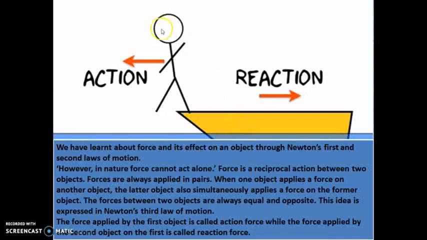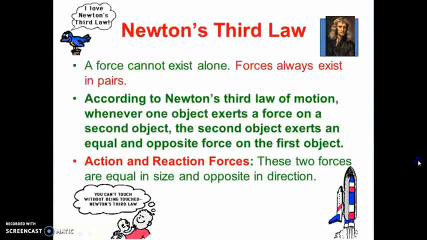The force that is applied by object 1 is called the action force. See the direction of the action force, this direction. Whereas the force that is applied by the second object is called the reaction force. And if you see the direction of the reaction force, it is in this direction. So both are in opposite directions.